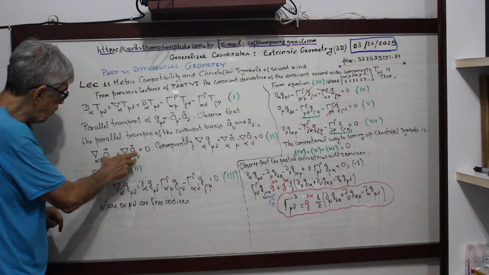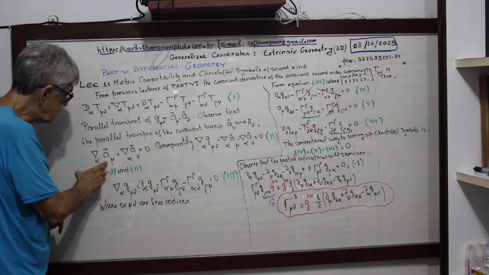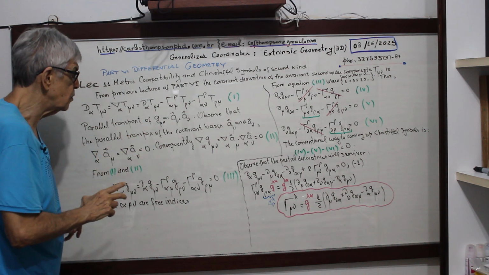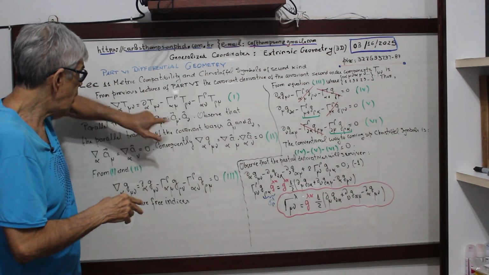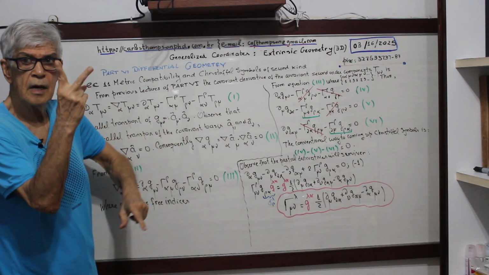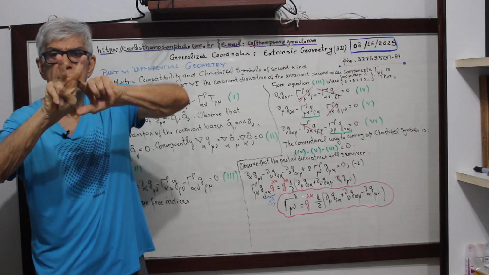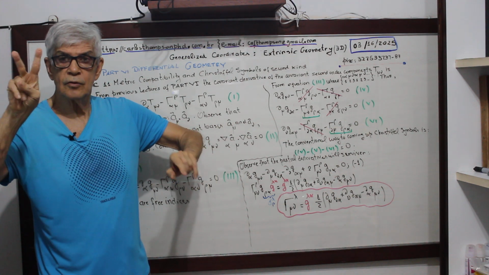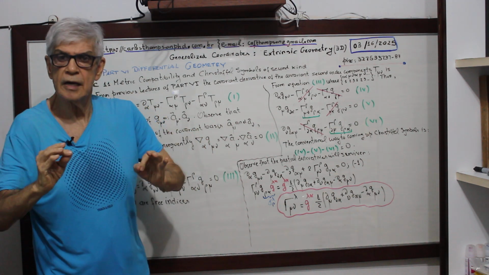The covariant derivative of this vector and of this vector are 0. That's why, even though you have an angle between a_μ and a_ν, if you move along a curve the dot product remains the same.